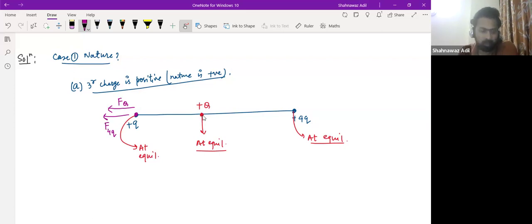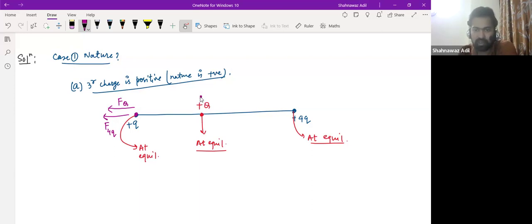Now let's come to this point. So we have this plus Q charge and we are calculating the force on this due to this one and this one. So due to plus Q, what would be the force, right or left?